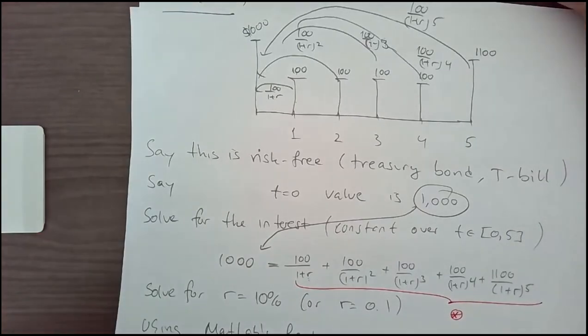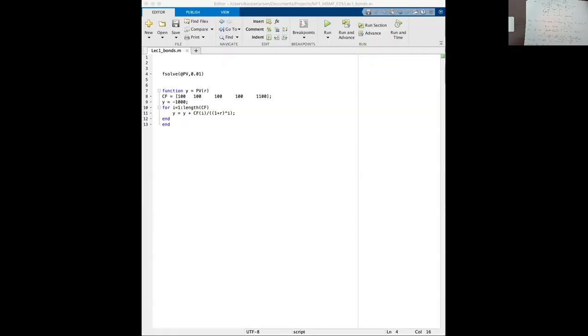Okay, so we go back to MATLAB and try to get this to work. Let me show you, I need to share screen again. I don't want to solve this one here anymore.